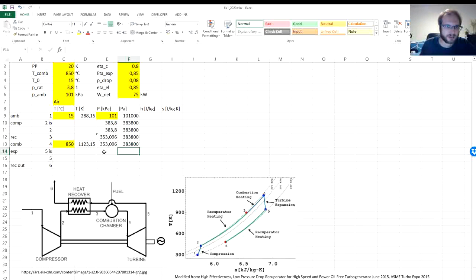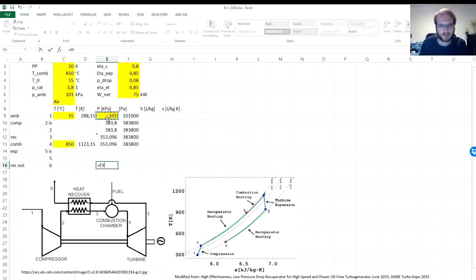And now we are in front of the expansion. Now we don't know at first what is exactly the pressure at point 5, especially when we consider the pressure drop in the second pass of our working fluid through the heat exchanger. But we know that point 6 is again at the ambient conditions, so we know that.